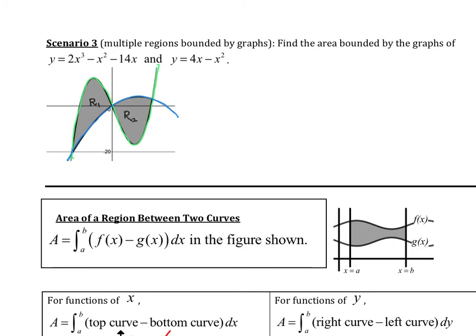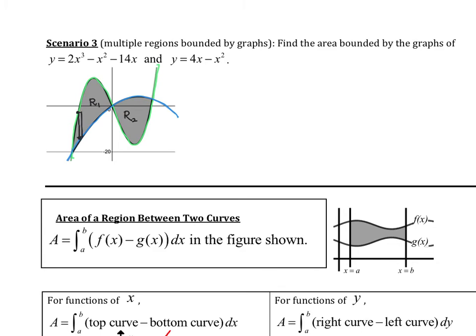Do you think that has anything to do with it? Well, let's start with region 1. If we start with region 1, for the rectangles that I'm going to draw, the width would still be dx. What would the height of that rectangle be? Well, the highest y value starts at the green curve and ends at the blue curve.